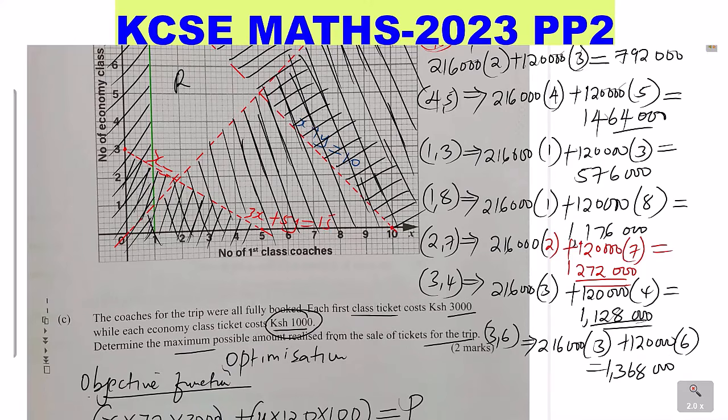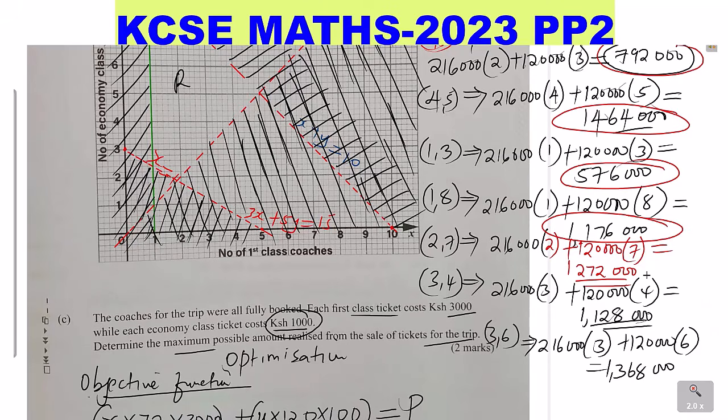Now all these points are enough. For the first one we got 792,000, then 576,000, 1,176,000, and the others. For all these amounts, we need to get the one that gives the maximum possible amount.